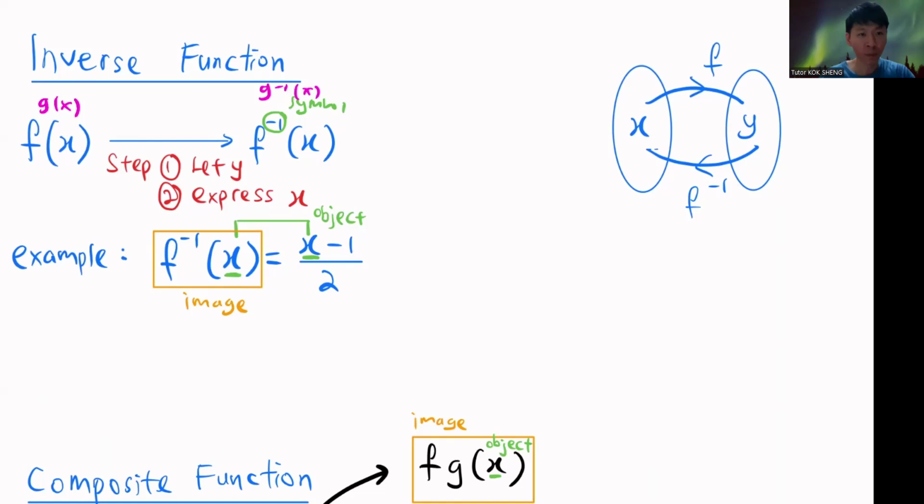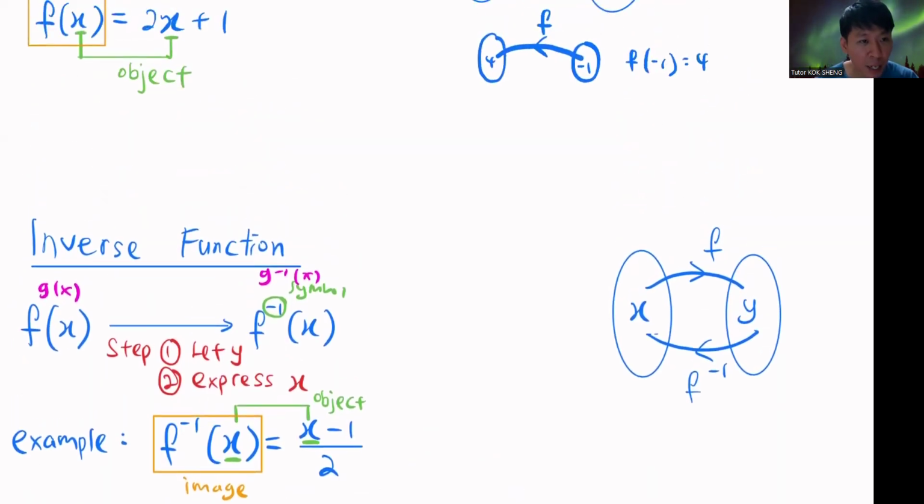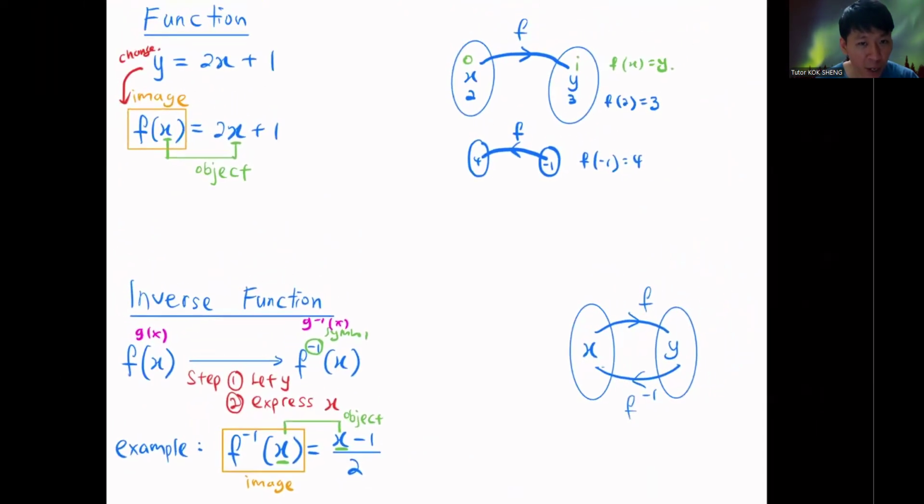Okay, so now this part here. For the function here, y equals 2x plus 1. For the inverse, when doing the working, you have to make it x equals, express x.